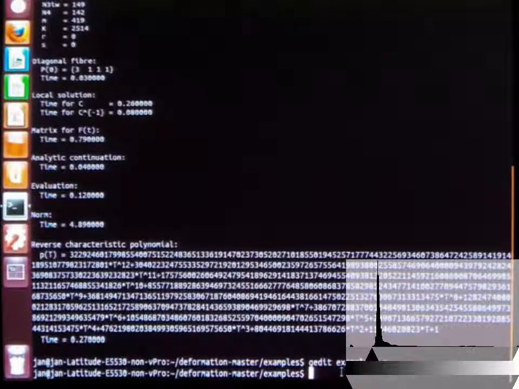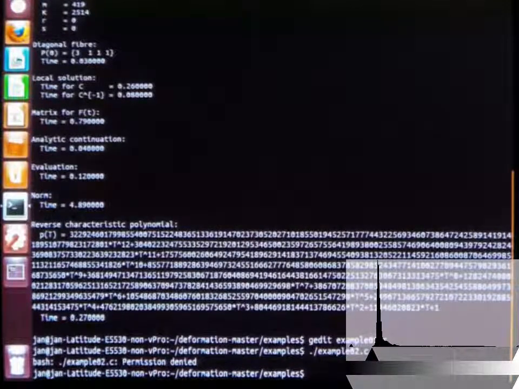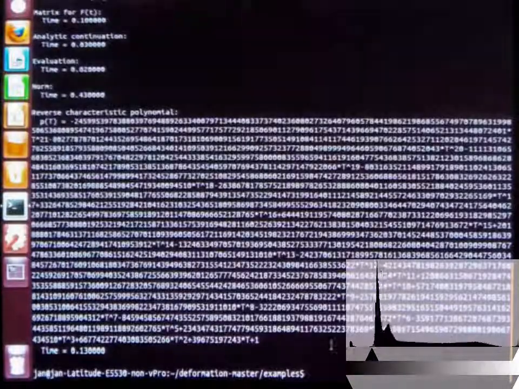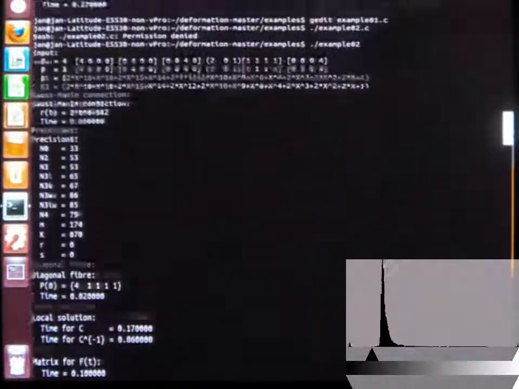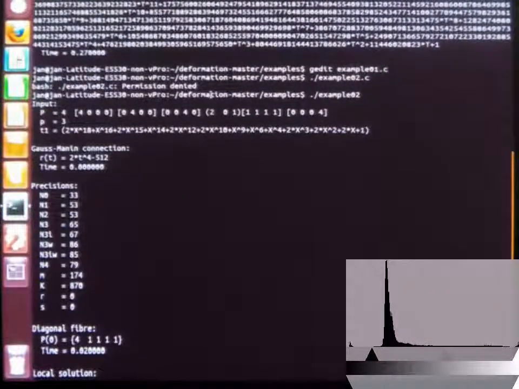So now maybe a little bit more interesting example. Again, very fast. So what has happened here? Here we've taken a quartic surface in P3, so a K3 surface.